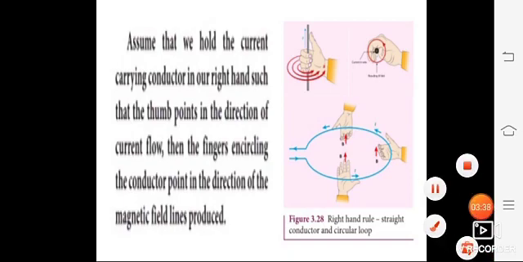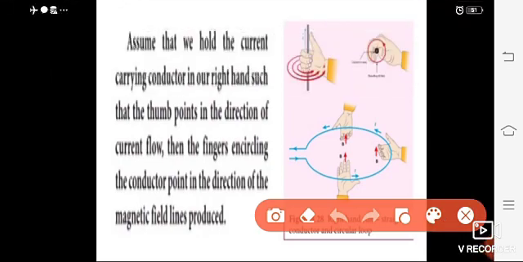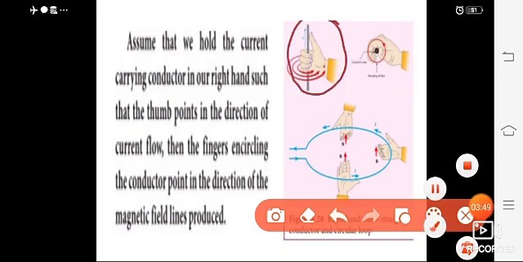Students, in the first diagram you can notice that the right hand holds the current carrying conductor. The thumb represents the direction of the current, and the fingers encircling the conductor point in the direction of the magnetic field lines produced. According to this diagram, if the current moves in the forward direction, the magnetic field lines are produced in the anti-clockwise direction.